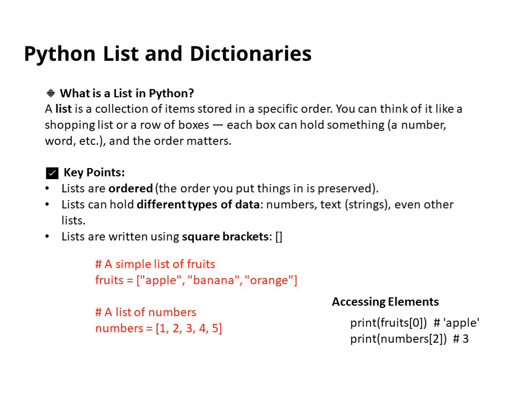If you say fruits square bracket 1, it will print out banana. If you say fruits square bracket 2, the value will be orange. If you say fruits square bracket 3, there's no value because we only have 3 values in the list. The first value in a list starts with index 0, which is apple.